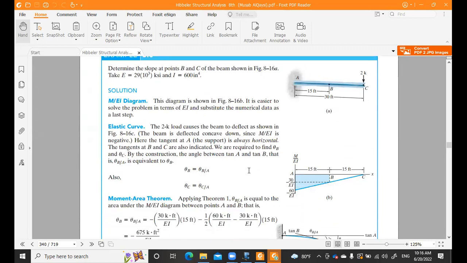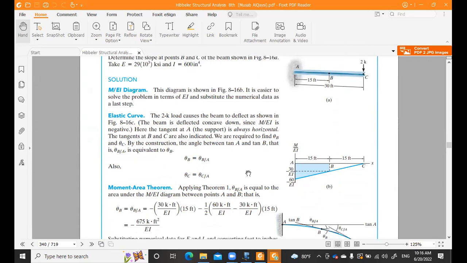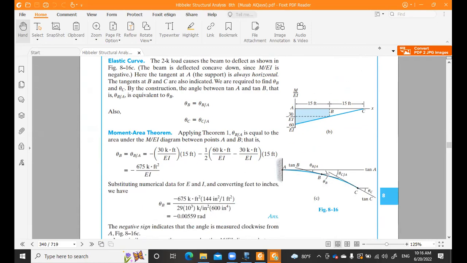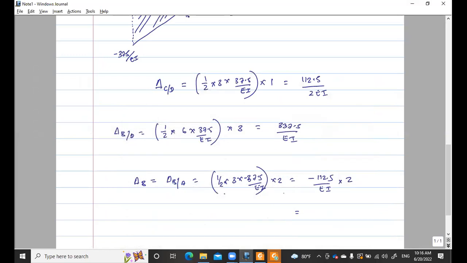So this minus 225 over EI indicates that the point B is below the tangent A. The previous positive one indicates that point C is above the tangent B. That's all we can find.